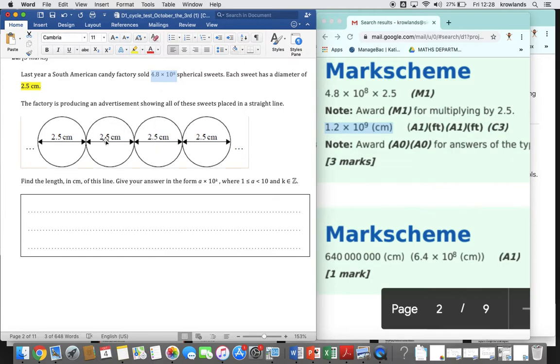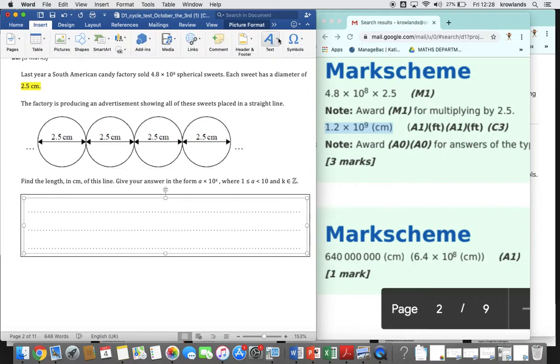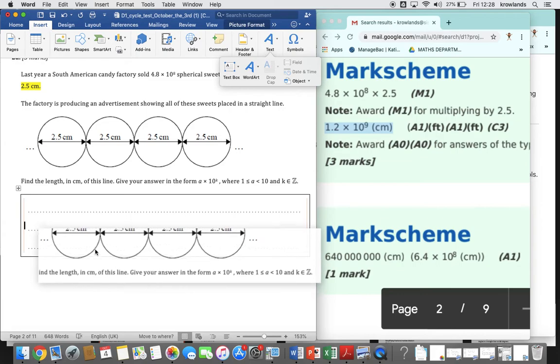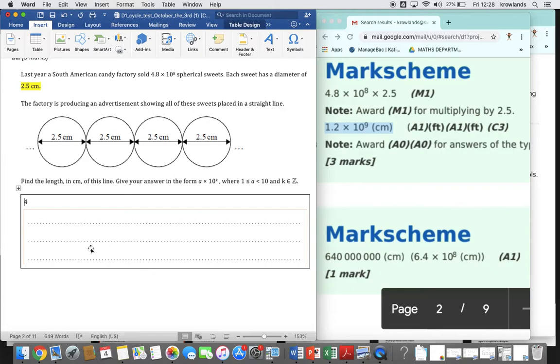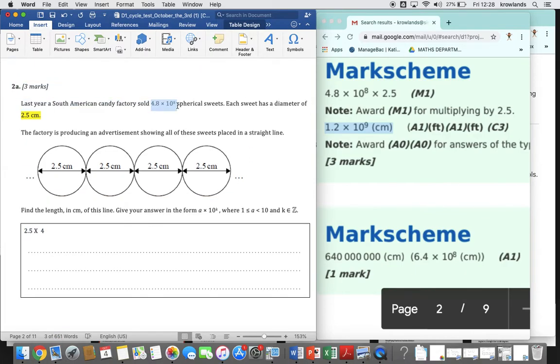Some people thought we just had 4. So some people in the exam wrote down 4 times 2.5. And that's not the right answer, because we want to find out not just how long 4 sweets are, we want to find out how long 4.8 times 10 to the power of 8 sweets are.